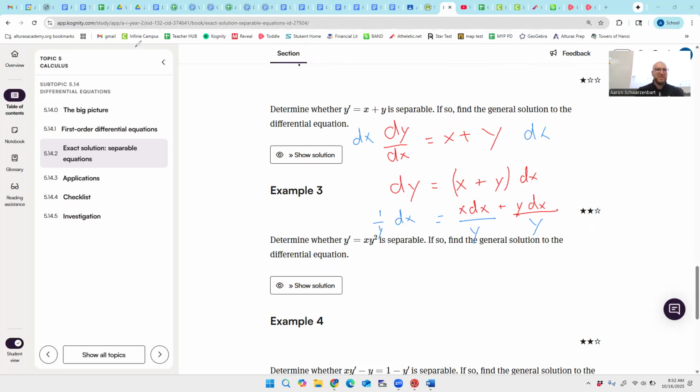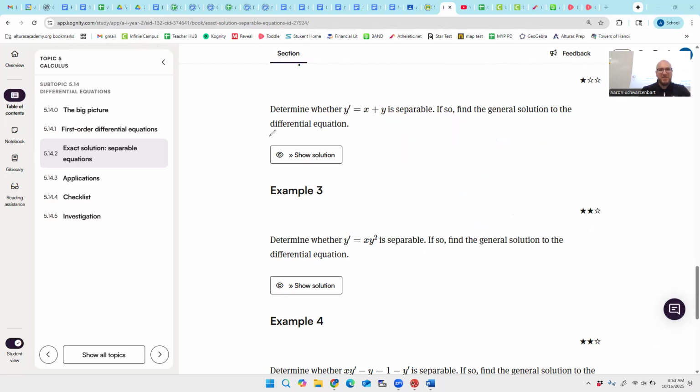Not separable. Doesn't matter how much I want it to be separable, it's not. And you can thank me for working that out and showing you, because the book just tells you it's not.